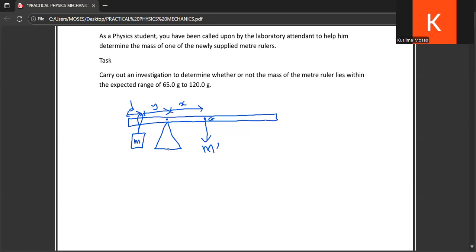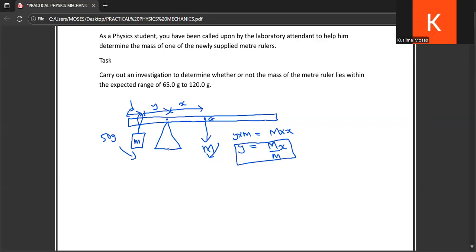Now, when you apply the principle of moments in this setting, whereby the mass used here is 50 grams, you shall come up with Y times small m equals capital M times small x, where small x is the distance from the balancing point to the center of gravity, and capital M is the mass of the meter rule. If you plot y against x, it will give us a straight line.